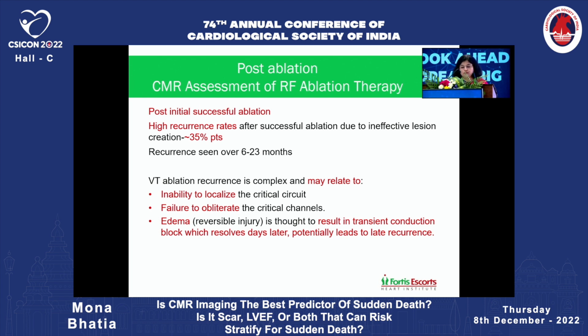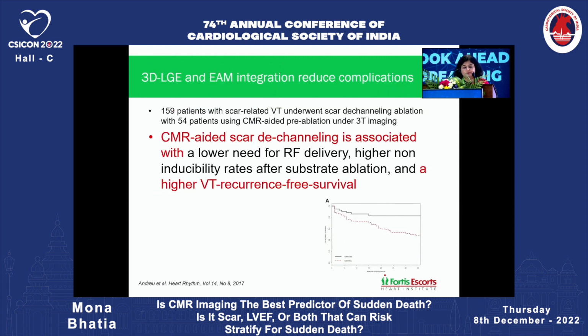Because post-ablation, you might have an initial success of ablation, but you might have high recurrence rates in 35% of patients due to either inability to localize the critical circuit or failure to obliterate them, or because of the edema, which results in a transient conduction block, which resolves later and then potentially leads to late recurrence. So CMR-aided scar dechanneling is associated with a higher VT recurrence-free survival.